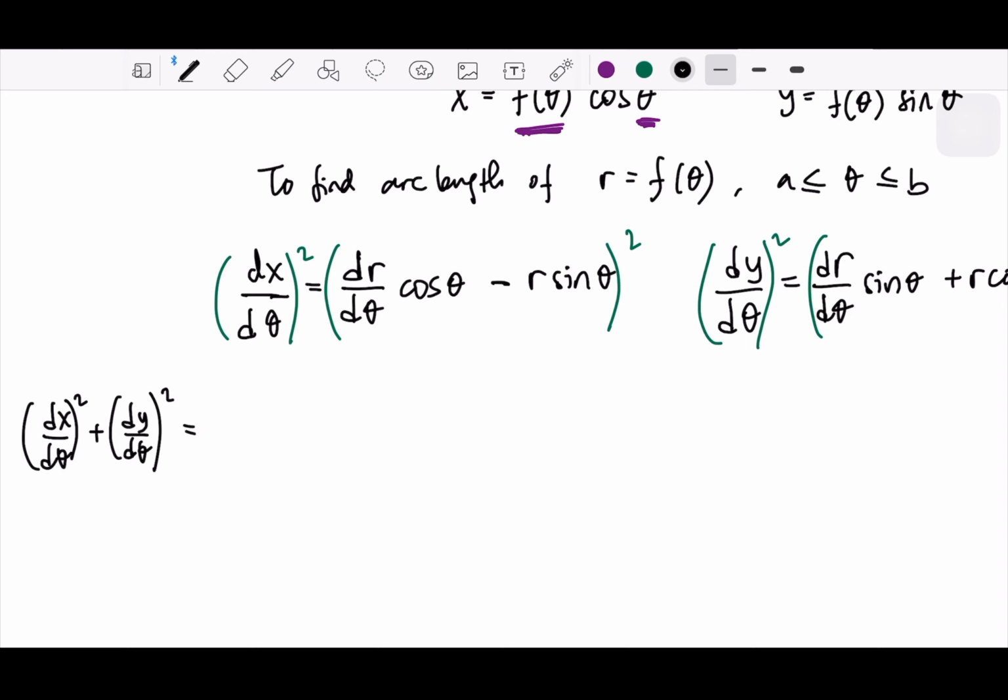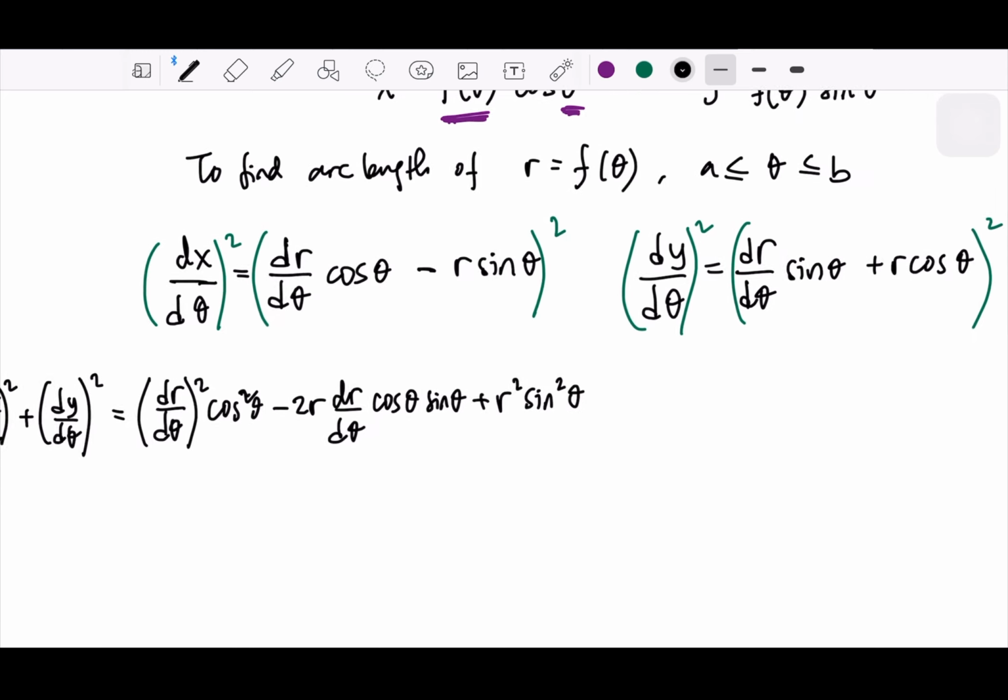Okay, so let's write one by one. So dr d theta squared cos squared theta minus 2r dr d theta cos theta sine theta plus r squared sine squared theta. Okay, this is the first one for dx over d theta.